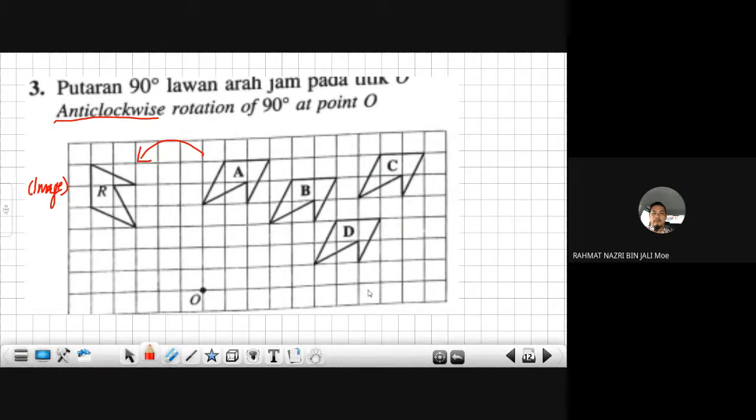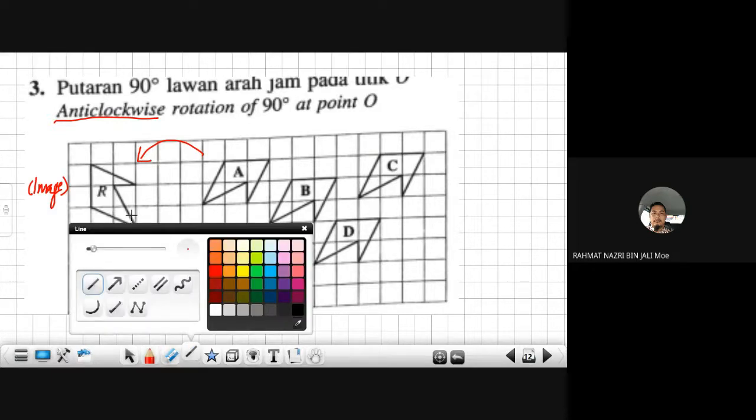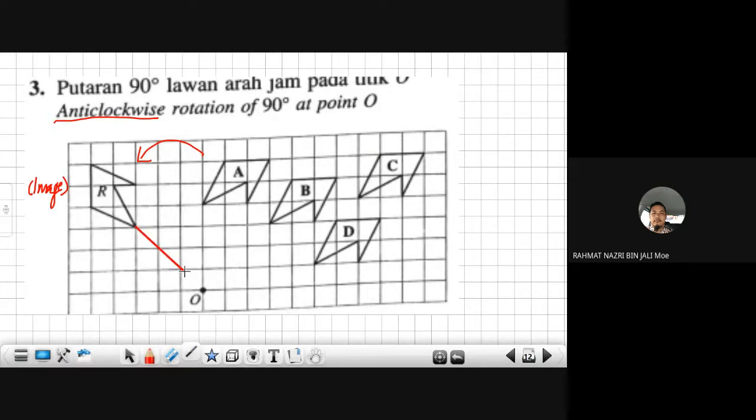We can check the distance. The distance from this corner to the center. Okay, let me count this one. 1, 2, 3. How many diagonal? 3 diagonal. Okay, let me check with B. Make sure this is an object and the image for the object is correct.